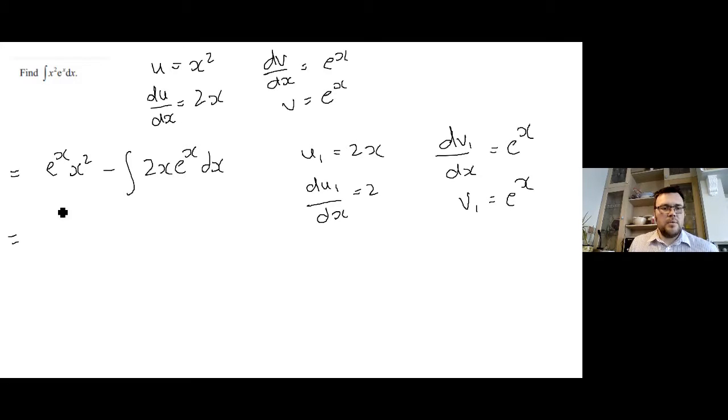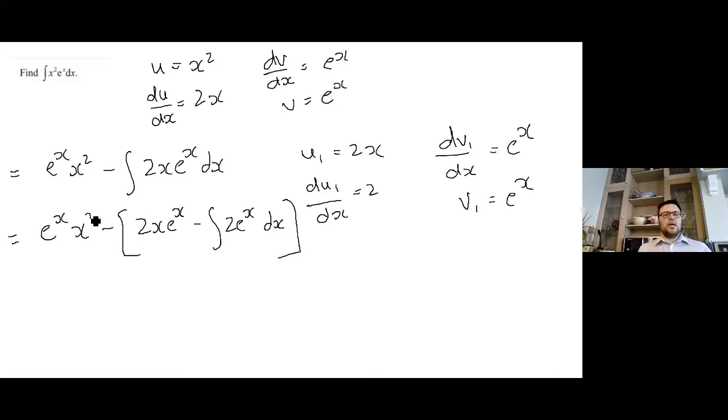So then this equals e to the x squared minus, and I'm going to put a square bracket around here because it's going to be u1 v1. So it is 2x e to the x minus the integral of v1 du1 by dx. So it's going to be 2e to the x dx.